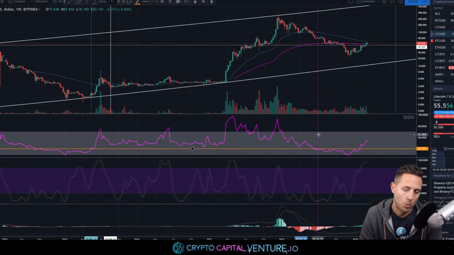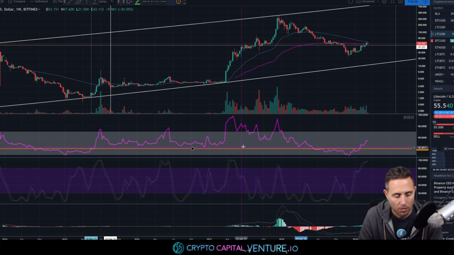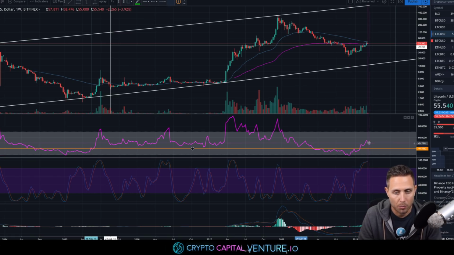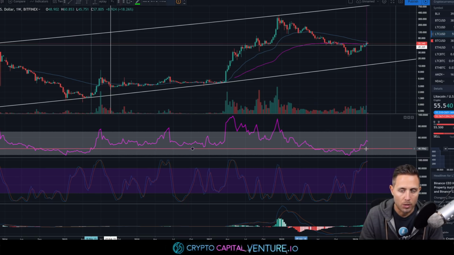And so I just want to point out the fact, and I might have done this one other time in the last couple weeks, Litecoin right now is above the 40 line, right? We came out of that bottom here in December, and Litecoin has been doing very well. Here it is on the weekly above the 40 line. So going forward, something to keep an eye on: if we do get a retracement, if we get a bounce on that 40 line, that would be an extremely bullish scenario.